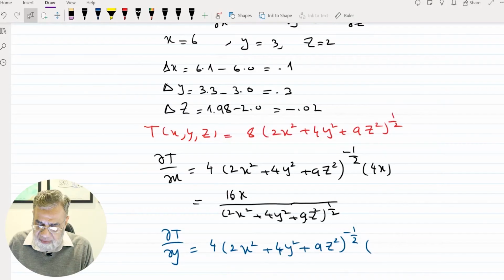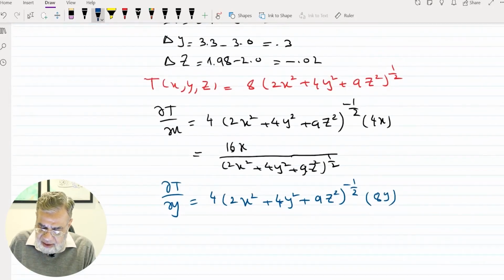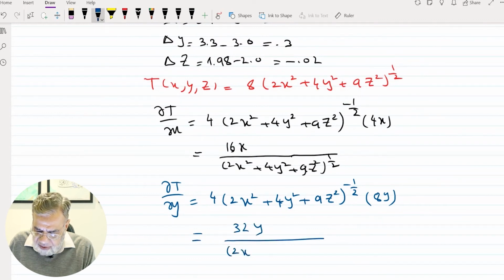Then you take the derivative of the inside with respect to y. x is constant, z is constant, and we get 8y. We simplify this, and we get 32y over (2x squared plus 4y squared plus 9z squared) to the power 1 by 2.